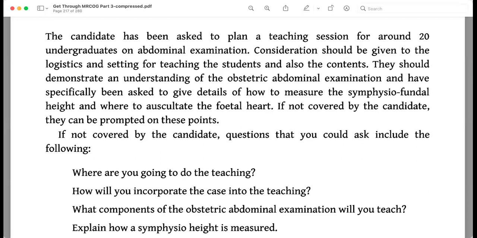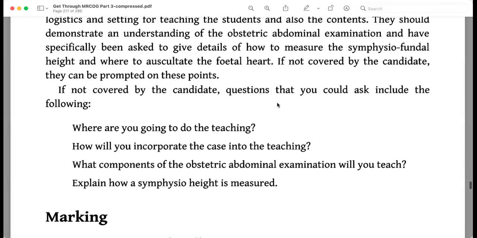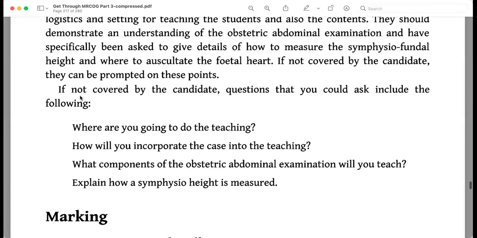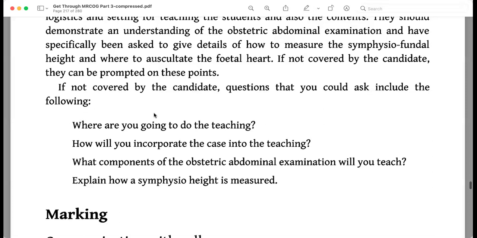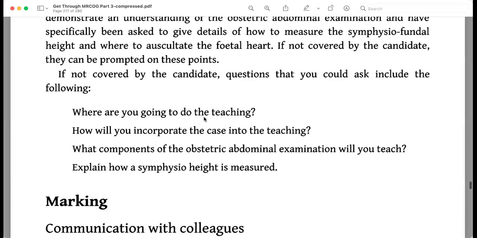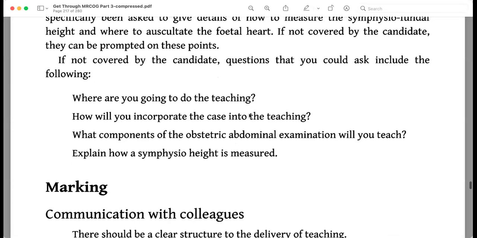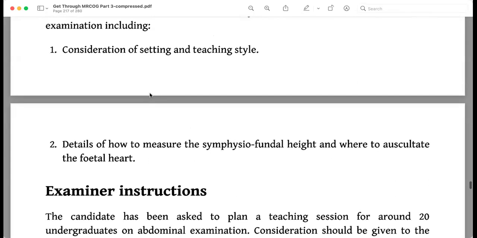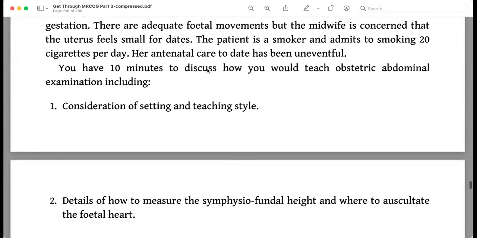Okay, so here are the questions of the examiner for the task, if not covered by the candidate, then you should ask the following. Where are you going to do the teaching? So this was the point that I prompted you for in the beginning, because it was here in the task: how would you teach obstetric examination?